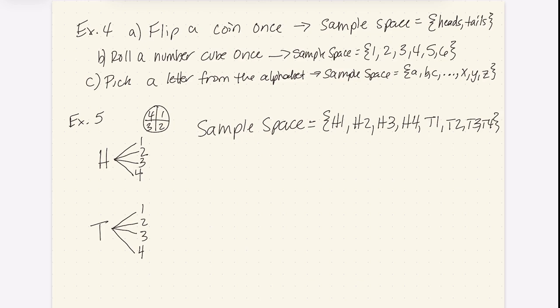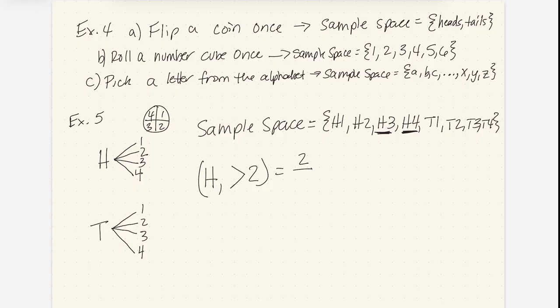So now I'm going to use this information to find out what the probability of heads and a number greater than 2. So if I want heads and greater than 2, that is my probability that I'm looking for. Well, if I'm looking at my sample space up here, this is heads greater than 2, this is heads greater than 2. So I have 2 possible outcomes that would satisfy my desire of heads first and then greater than 2.